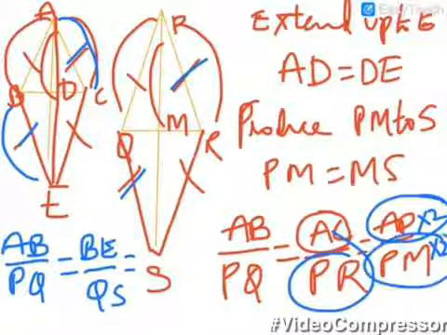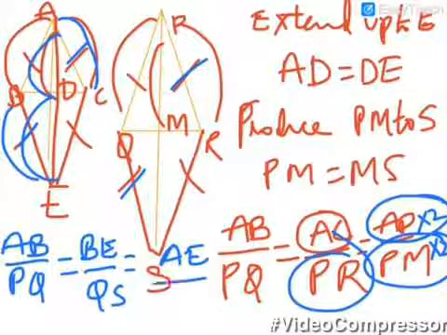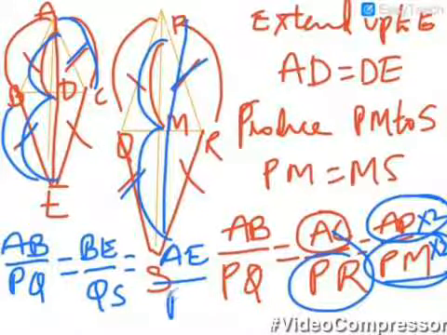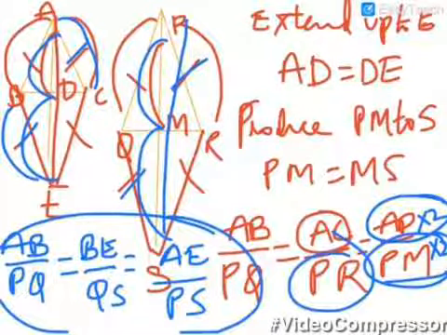So 2 into AD by 2 into PM. 2 into AD is AE, by 2 into PM. PM का double क्या है? PS. So AB by PQ is equal to BE by QS is equal to AE by PS, means these three sides are proportional to these three sides.